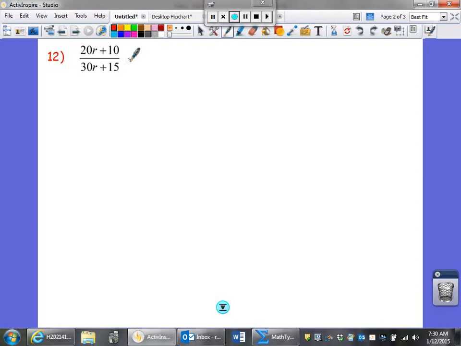So we're going to have to use a little factoring to actually reduce this. We can pull out the greatest common factor of the numerator, which is 10. What's left? 2r plus 1. The denominator, we can factor out 15, and that means we're left with 2r plus 1.